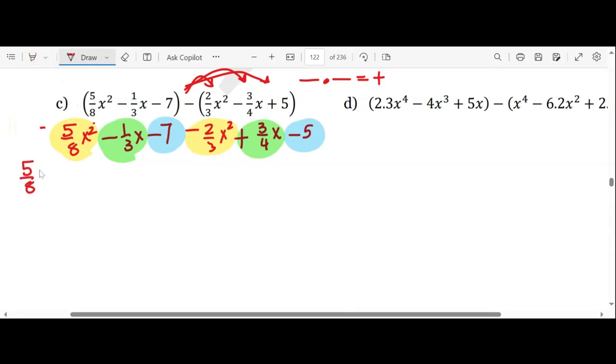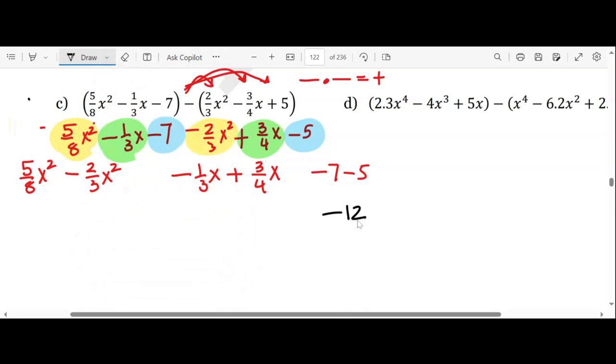So we have 5 over 8 x squared minus 2 over 3 x squared minus 1 over 3 x plus 3 over 4 x minus 7 minus 5. Which one is the easiest one? The last one. Give you how much? That's it. That's the easy one. Now let's go for here.